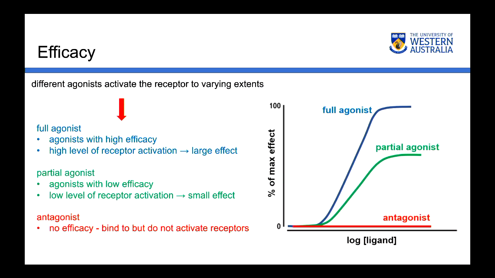Now, when I say agonists, not all agonists act the same way with the same receptor. Different agonists activate the receptor to different extents. I won't touch on this in too much detail, but there's actually a clinical example when you talk about opioids.